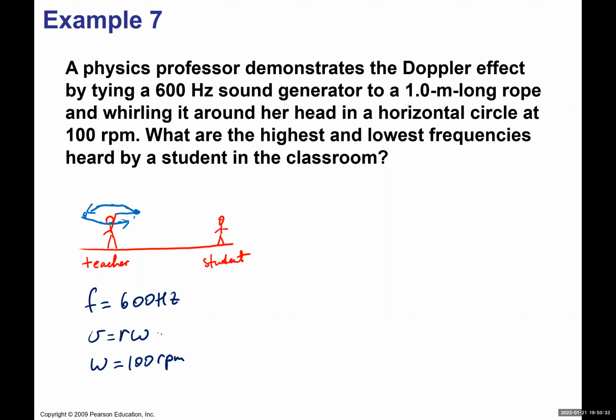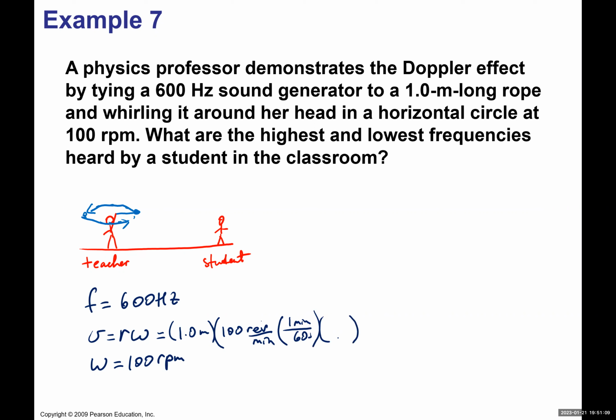If I plug in for the tangential velocity, the 1.0 meter is the radius, and then 100 RPM, revolutions per minute, and then we convert, where 1 minute is 60 seconds.